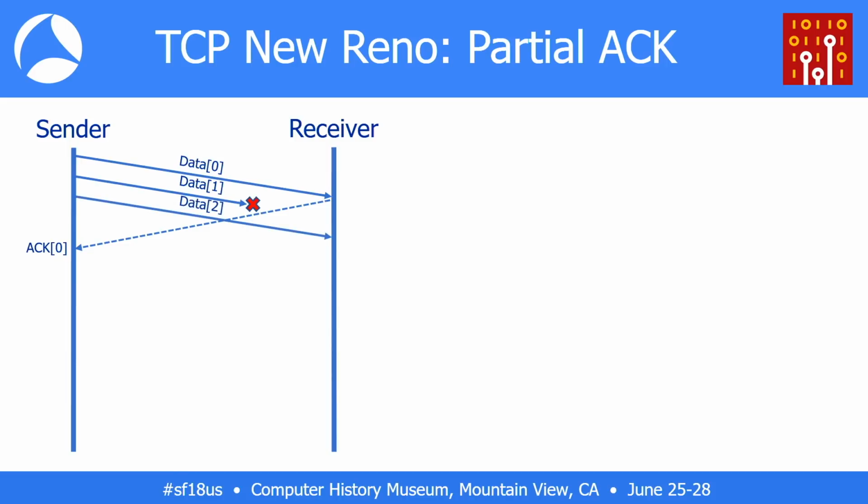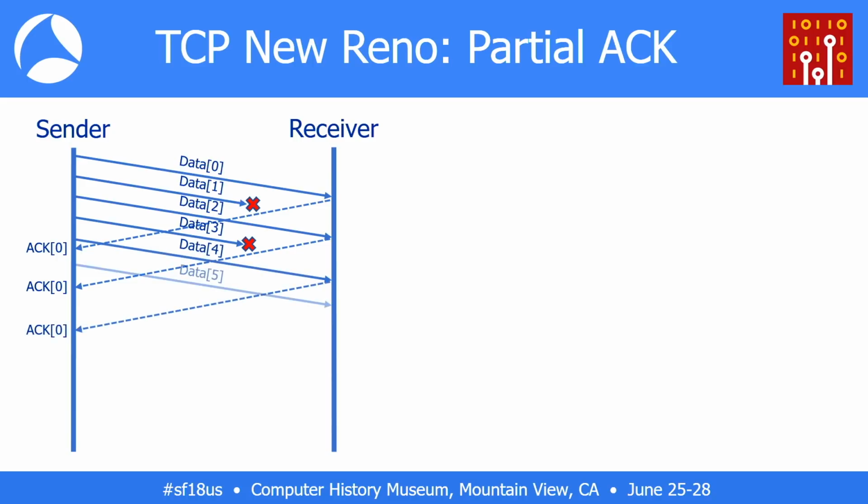Even as I'm sending more data, I haven't received any acknowledgements yet. The receiver is sending the next acknowledgement for the first data packet. I'm sending more data, and I'm still not receiving any acknowledgements. And then after my 4th or 5th packet, I suddenly start receiving the acknowledgements from the other side.